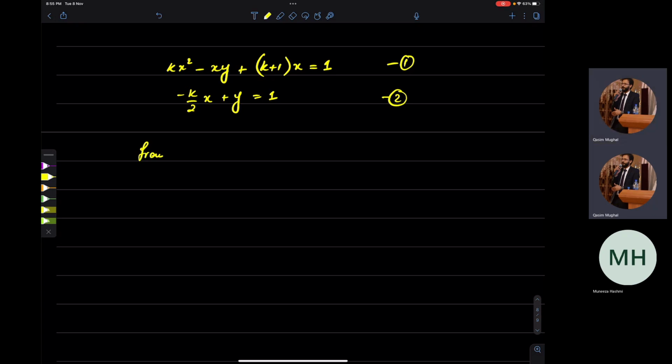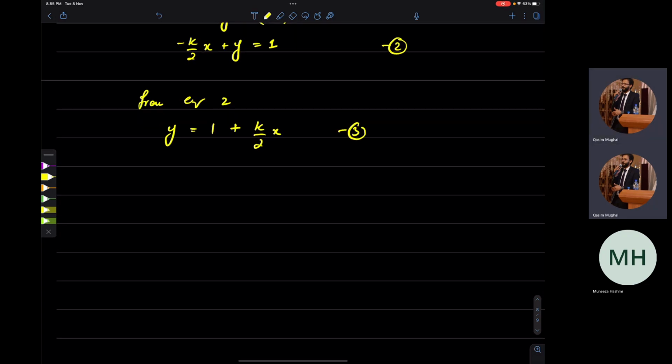From equation 2, I will have y equals 1 plus k over 2 x. Now I'm going to put equation 3 in 1.